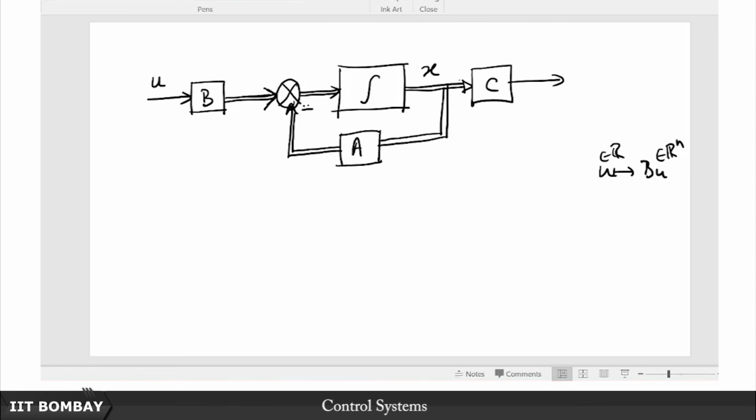What you have is this plus, so they add here, and again the C de-vectorizes in some sense. So you have this x which is mapped to this Cx. Remember that this x was in R to the n, and the Cx is now a scalar. So this is de-vectorization in some sense, if you permit me to abuse that term.